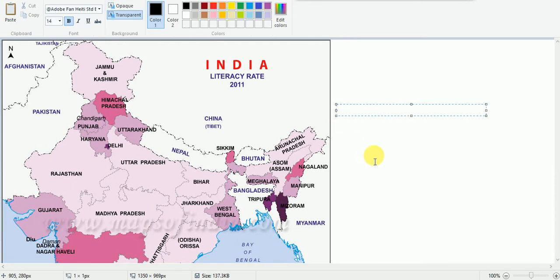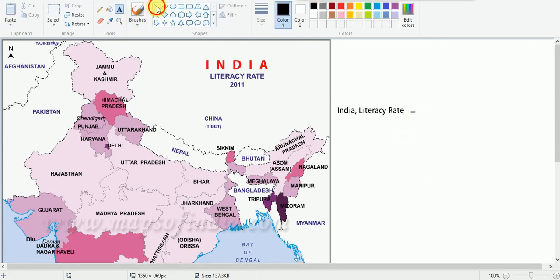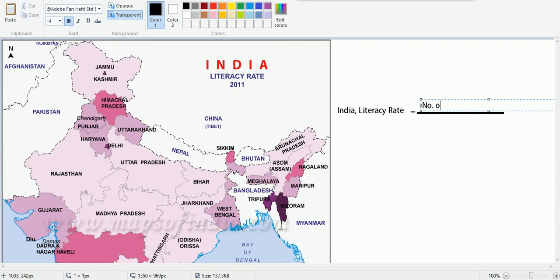So here for India, the literacy rate is equal to the number of literates divided by the population of age 7 plus, multiplied by 100.